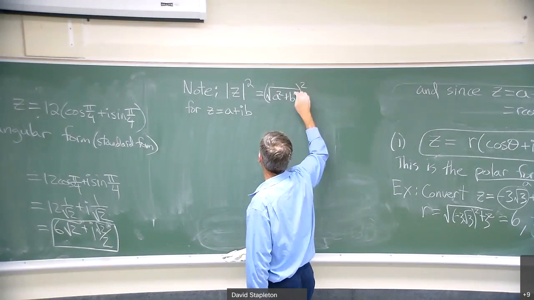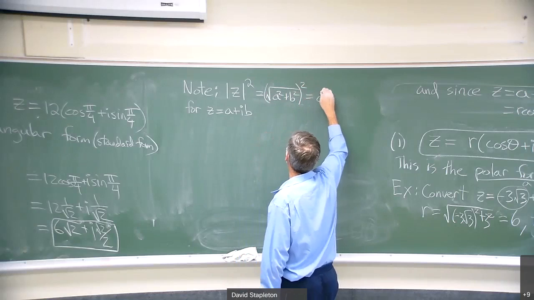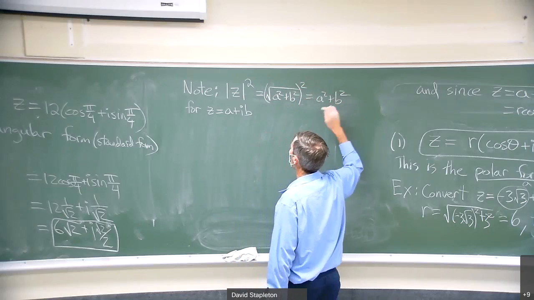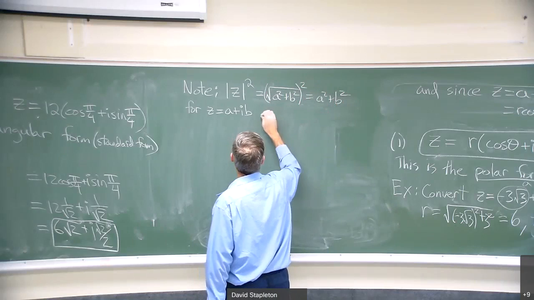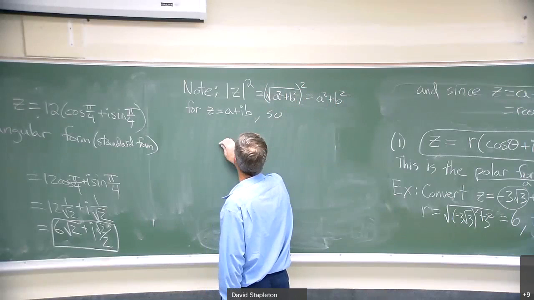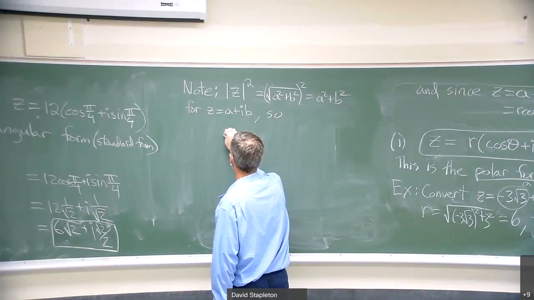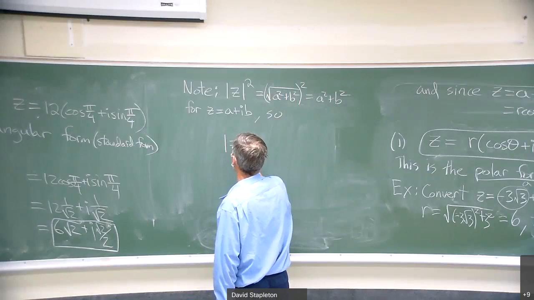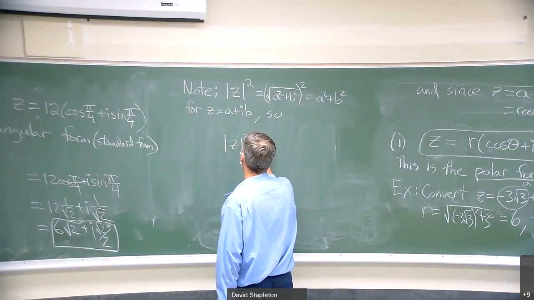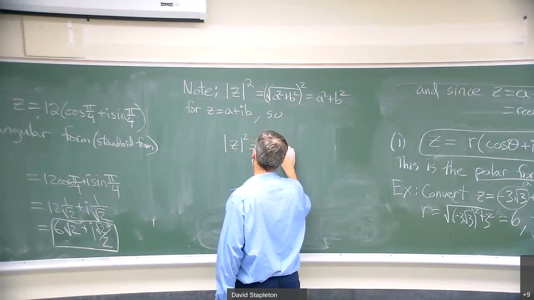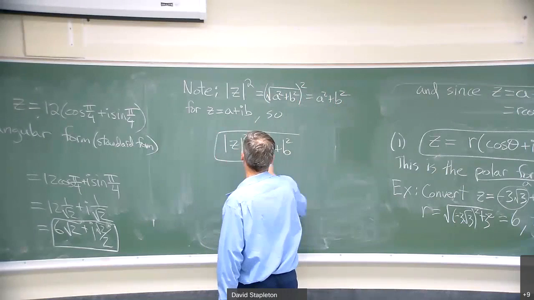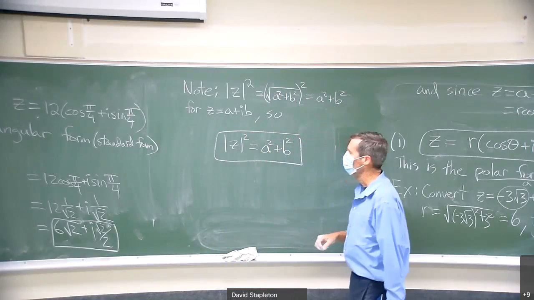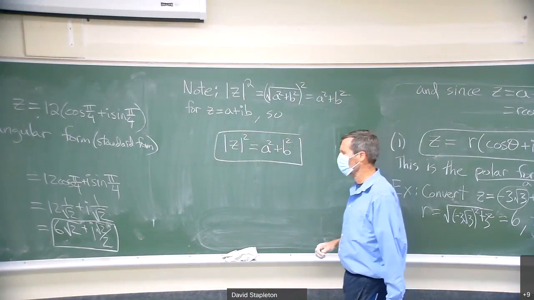Then we're going to square the square root. We get a squared plus b squared. So a useful identity is to simply write that the absolute value of z, a complex number a plus ib, squared, is a squared plus b squared. If you memorize that, it comes up enough that it actually saves you a little work in doing these things. Now we can do division.